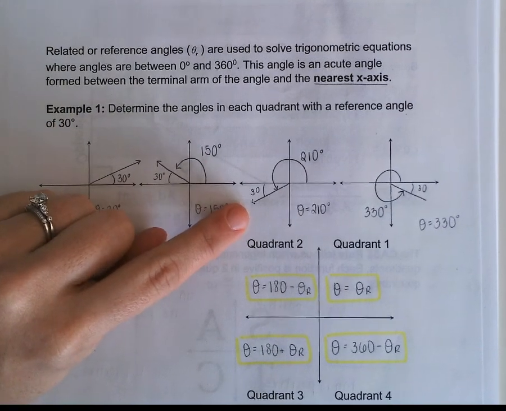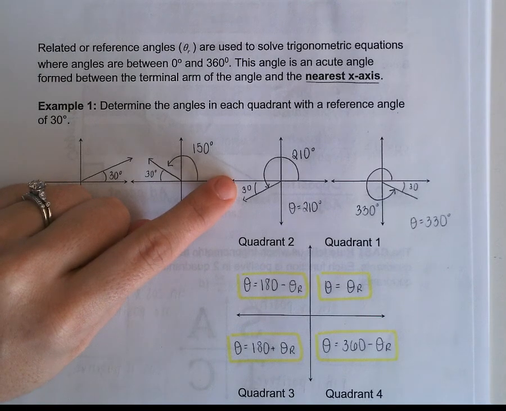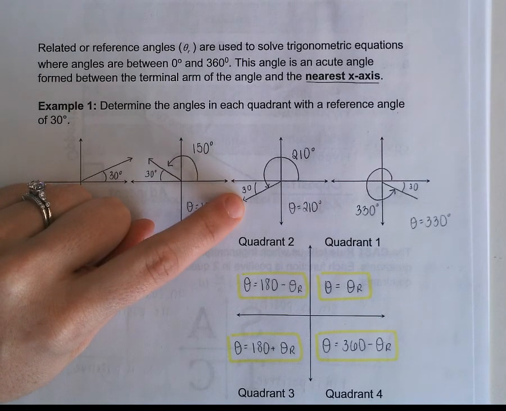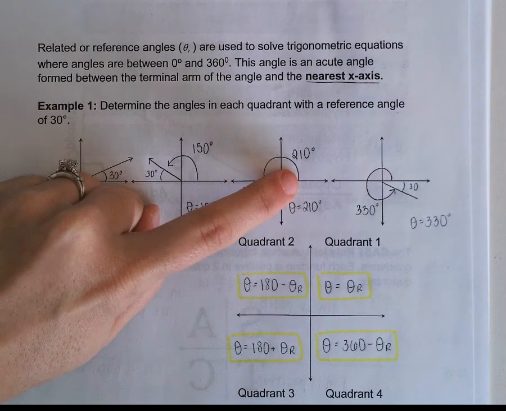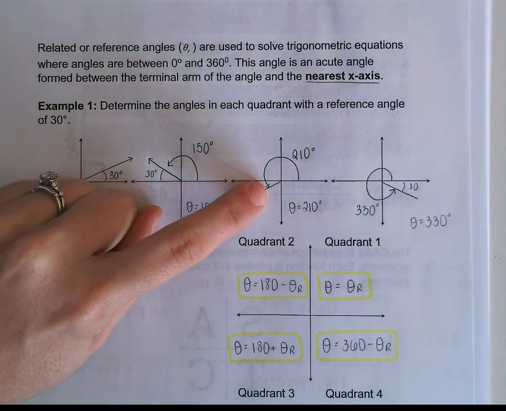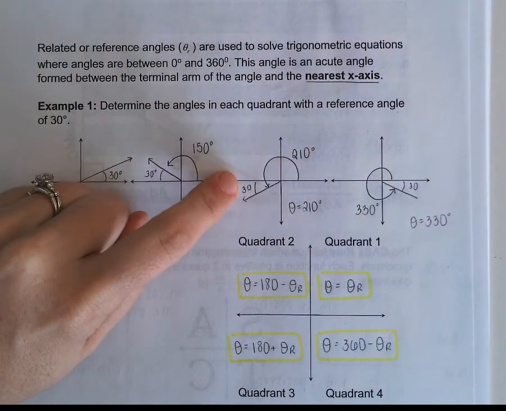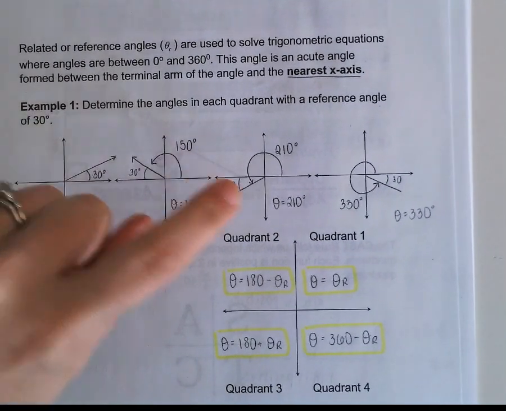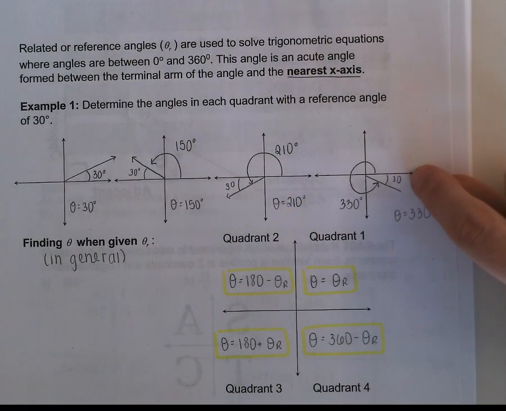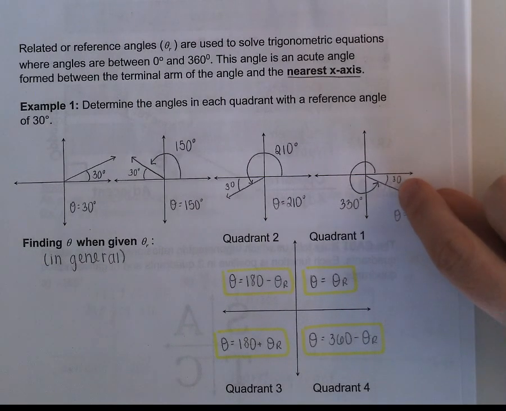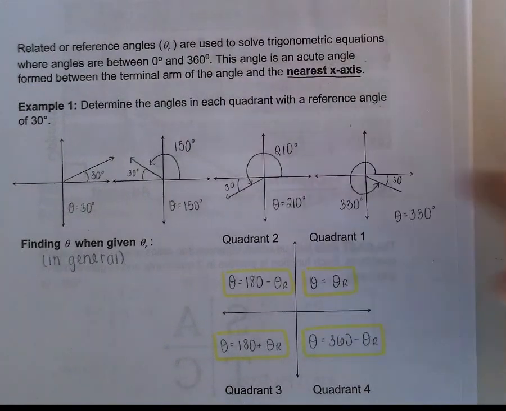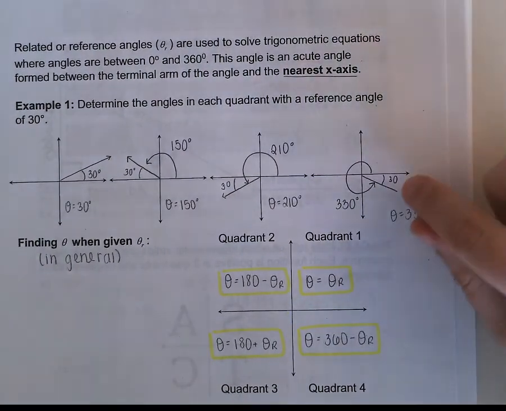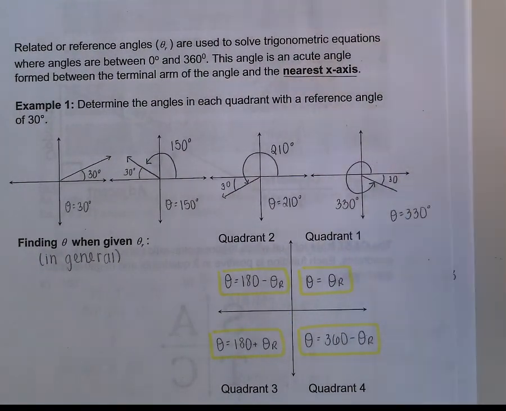Now, if I go into quadrant 3 and go from the x-axis down 30 degrees, this is equal to an angle of 210, because I have 180 plus the reference angle of 30. And in quadrant 4, if I go from the nearest x-axis back 30 degrees, that's equal to an angle of 330, because it's 360 take away 30.